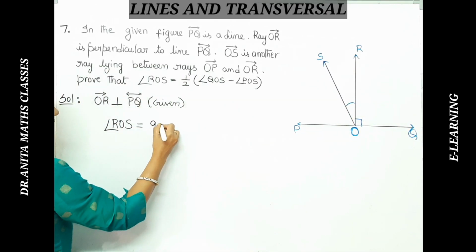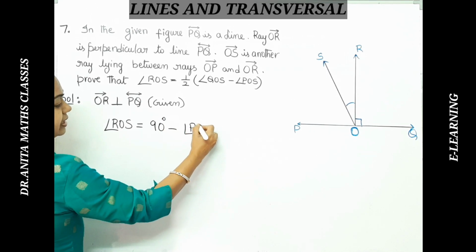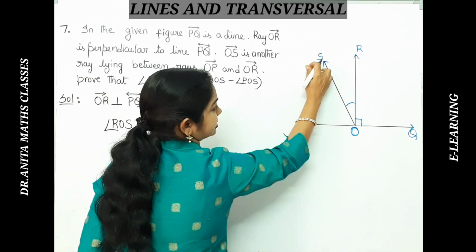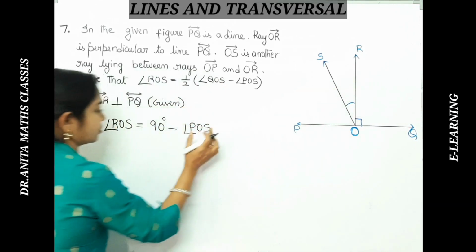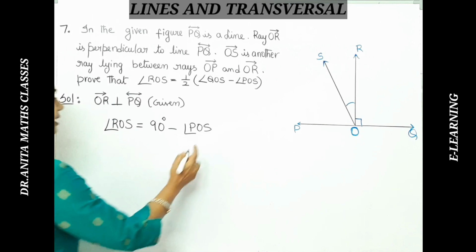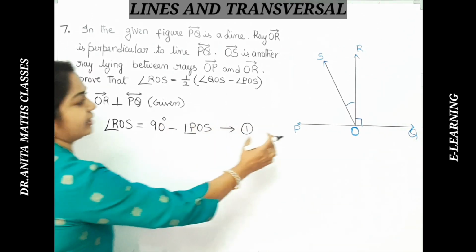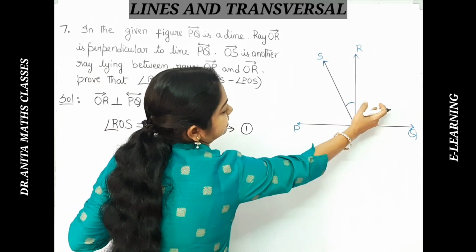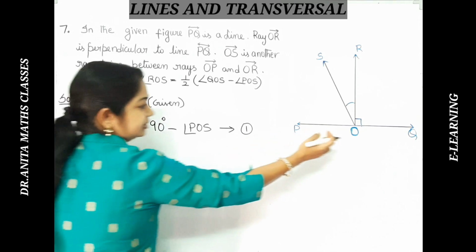So angle ROS equals 90 degrees minus angle POS. Let us suppose this is equation 1. Now let us take the other part, this 90 degrees and here ROS, and again take angle QOS.